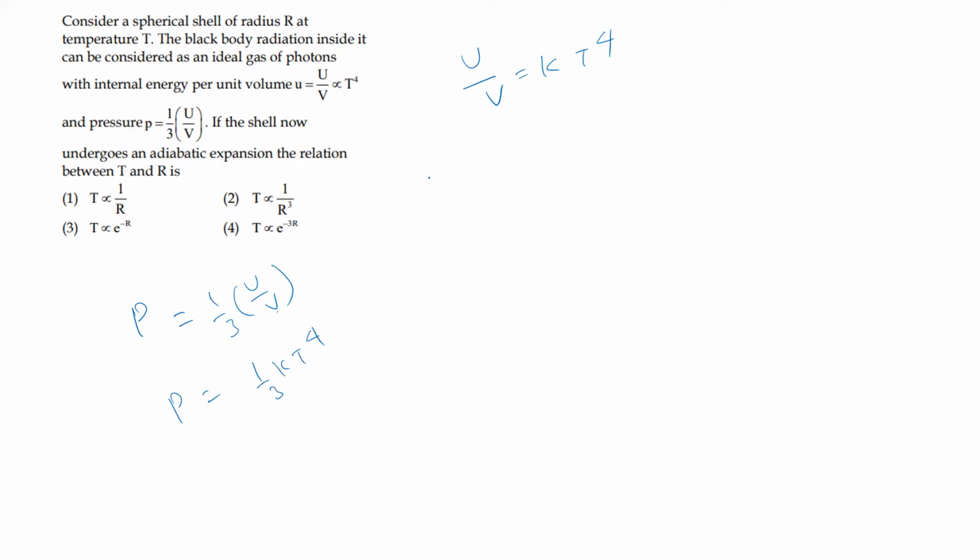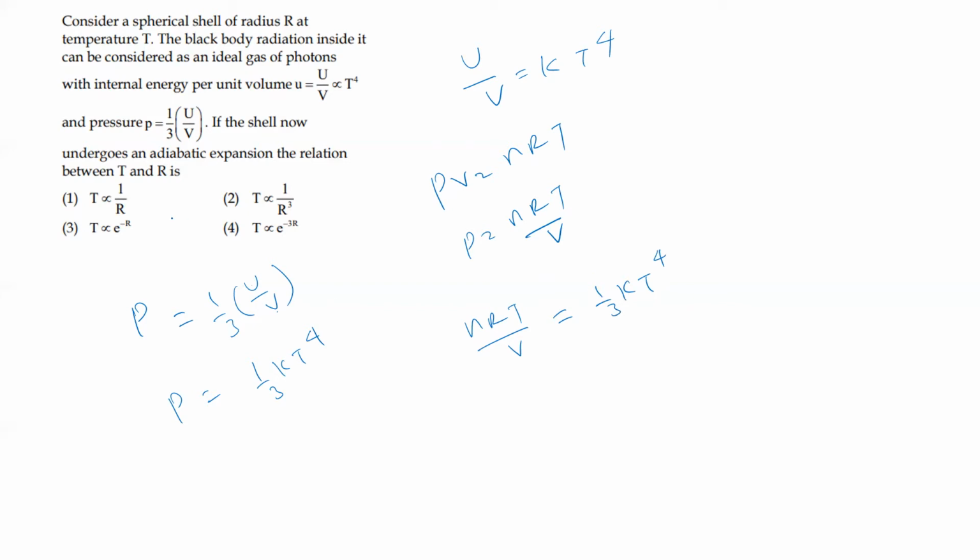Then PV is equal to nRT, so P is equal to nRT by V. So nRT by V is equal to 1 by 3 K into T power 4.